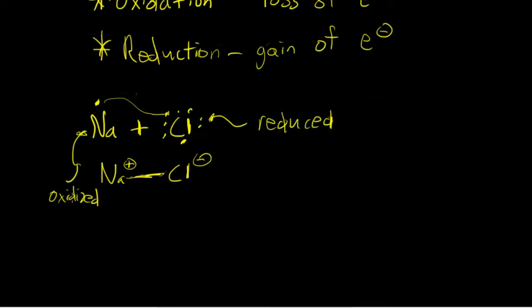But the element that's oxidized is actually doing the reducing, so it's facilitating the gain in electrons in the other atom, in this case chlorine. So sodium is the reducing agent, while chlorine, which is reduced, is facilitating the loss of electrons in sodium, so it's the oxidizing agent.